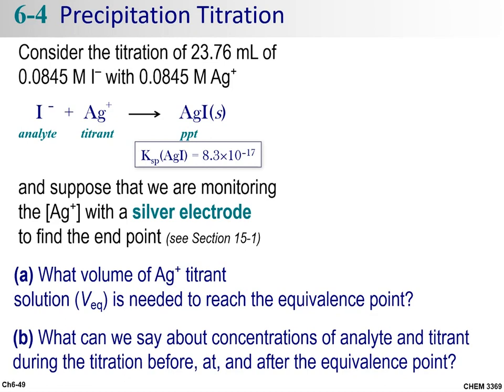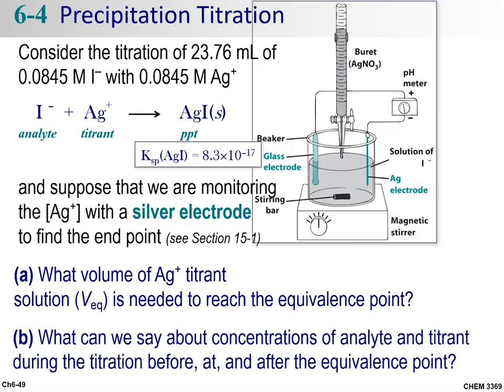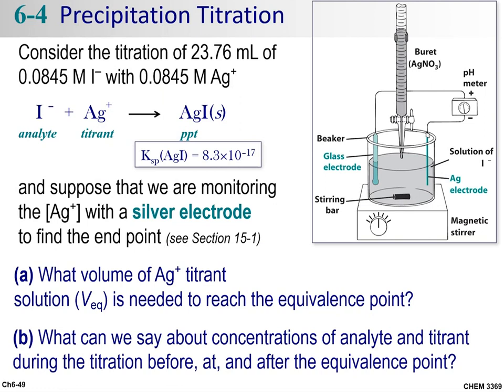So by measuring the potential, we will be able to detect changes in the concentration of silver plus ions. Okay. So now let's start by trying to calculate the volume of, so this is the setup for this titration, right? Okay, so we have a burette with the titrant, silver nitrate, and then the solution in a beaker that contains the analyte, iodide ions.